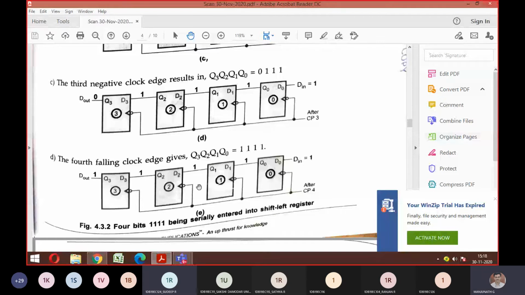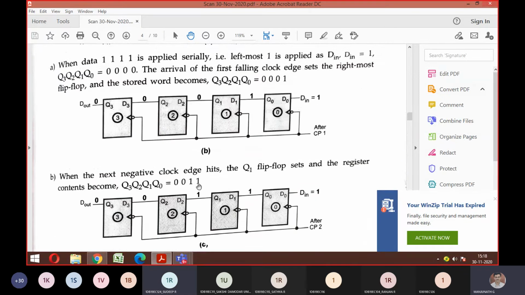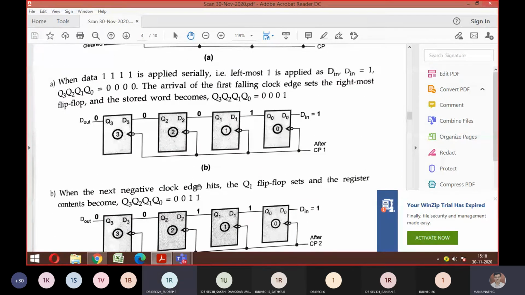Now I will give an example. You tell me what is the answer for each pulse. Take the input as 1011. 1011 is the input. You tell me what is the output for each stage. What's the output for the first stage? 0001.